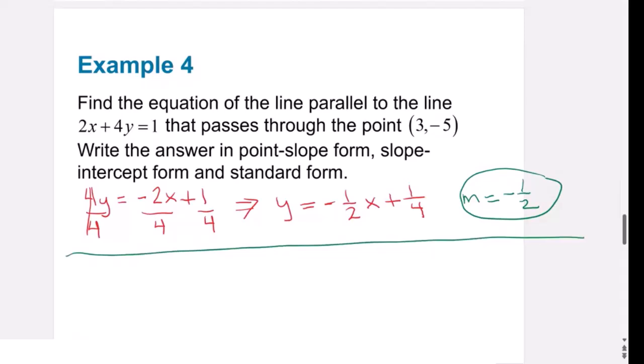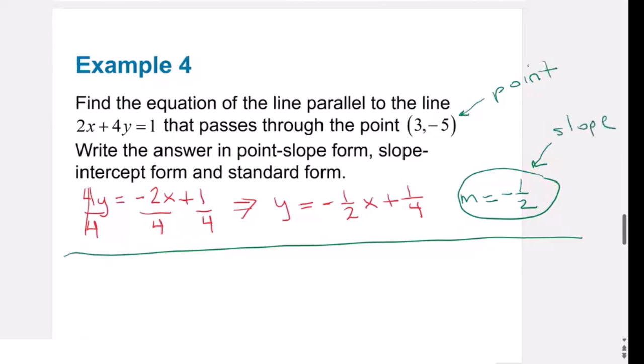Now I have the slope and I have a point. So given that I have a slope and a point, what do you think is the best thing for me to use first? It would be point slope, right? So point slope is, again, y minus y1 equals m times x minus x1.